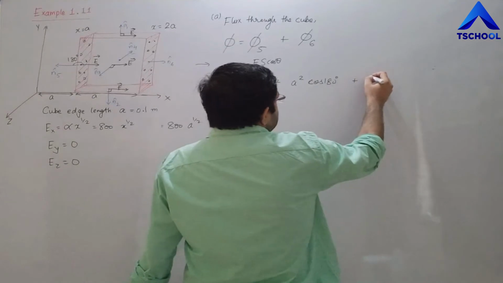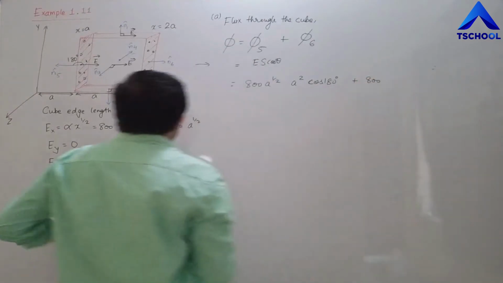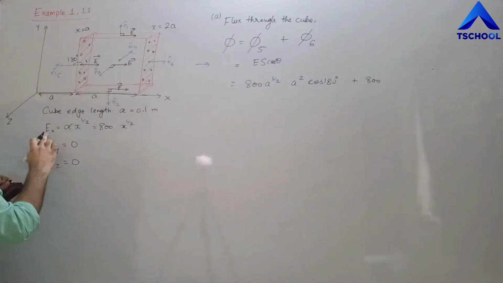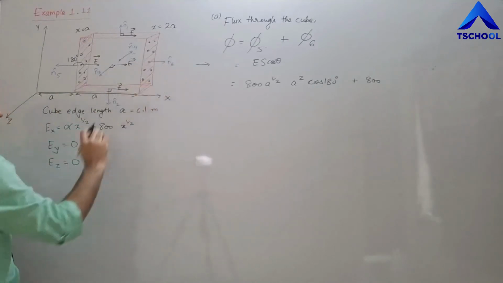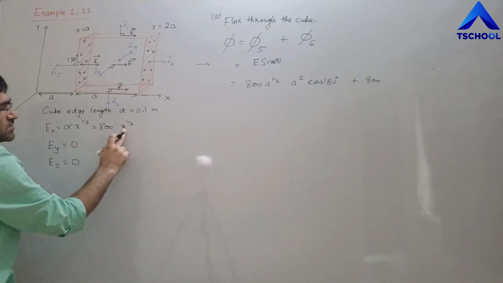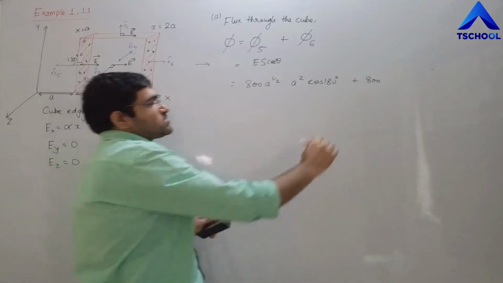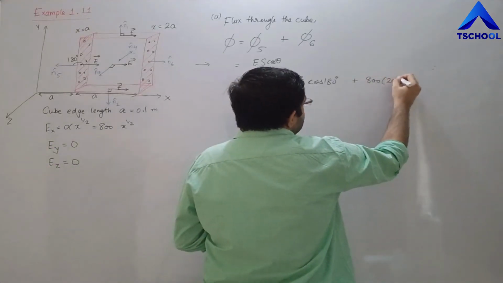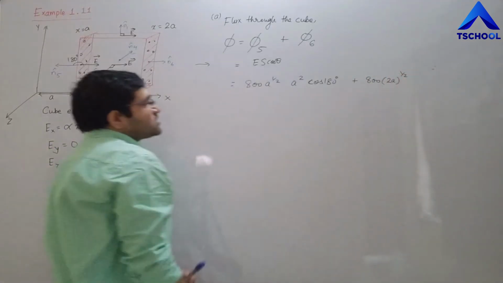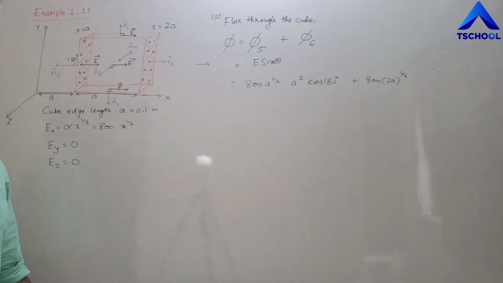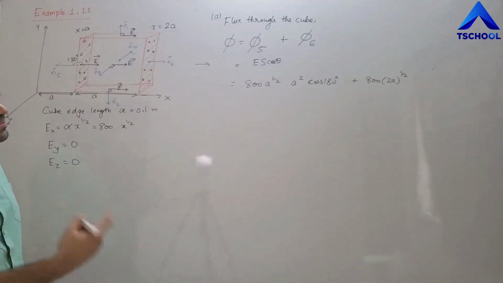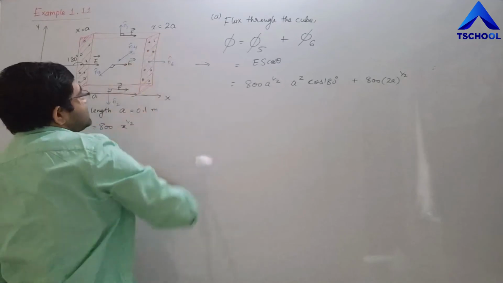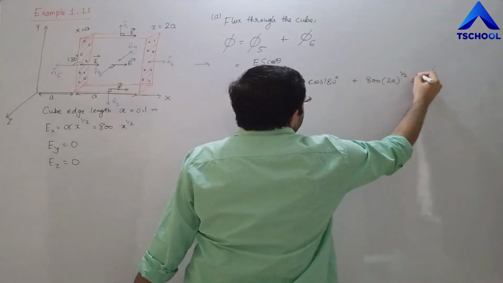So E is going to be 800. Now come back to this. If you want to find E of x, that is in x direction, it's 800 and then x coordinate raised to half. So now the x coordinate is 2a. It's not a anymore, it is 2a. So 2a raised to 1 by 2, okay, into the area, so that is a square, right?